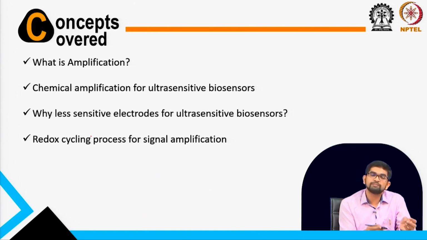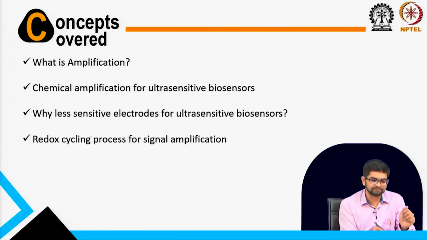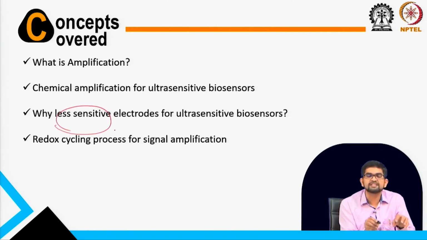It can also cause some drawbacks, some problems. Why? Because some other side reactions can also happen. So you have to optimize the sensor surface. Those optimization methods I will let you know, and why we need an optimum sensing surface, that I will teach you today.